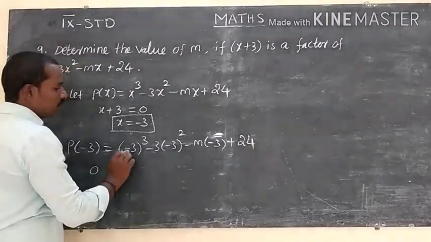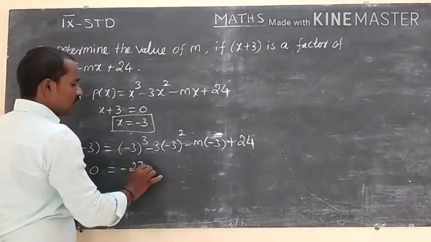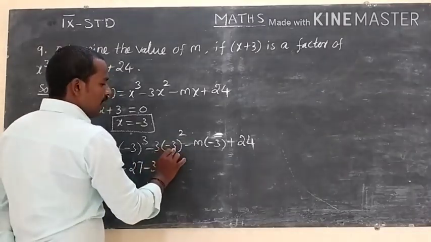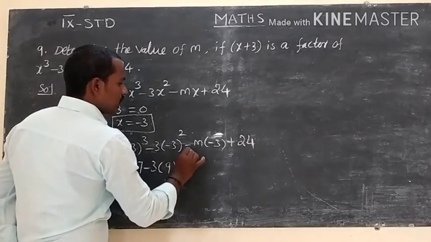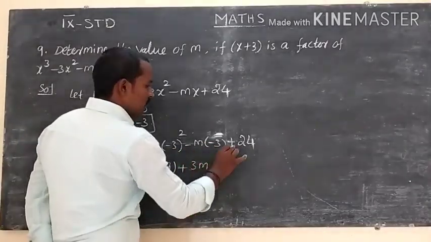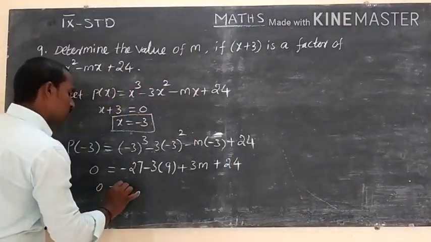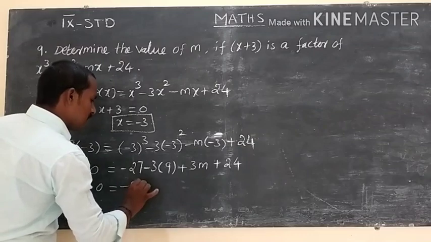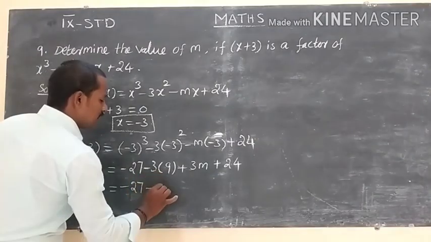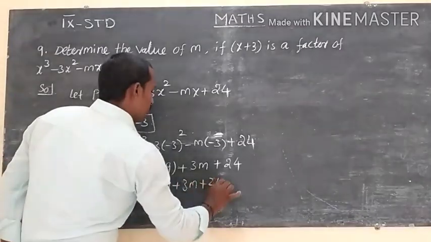Which is equal to: minus to an odd power is minus, so minus 3 cube is minus 27, and minus 3 into minus 3 square, even power is plus, 9, minus into minus is plus, so plus 3m, plus 24. Then 0 equals minus 27, 3 nines are 27, minus into plus is minus, minus 27, plus 3m plus 24.